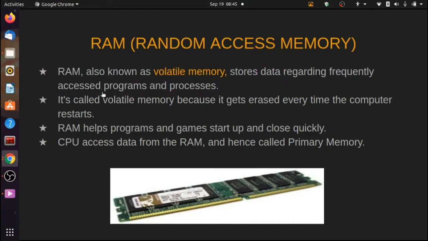Now, what do you mean by this program and this process? We know a program is basically a set of instructions or lines of code which resides in your storage drive.